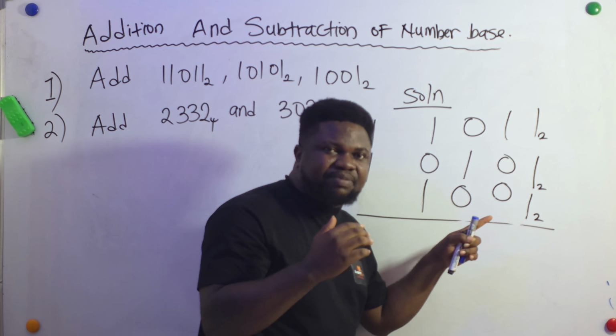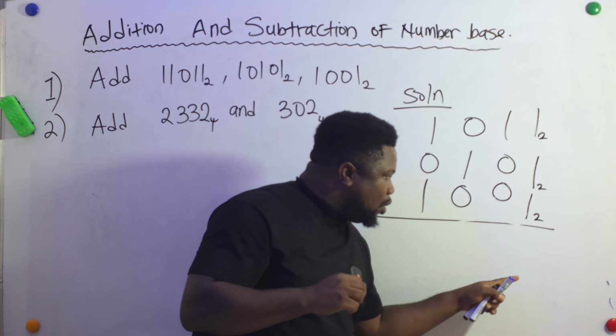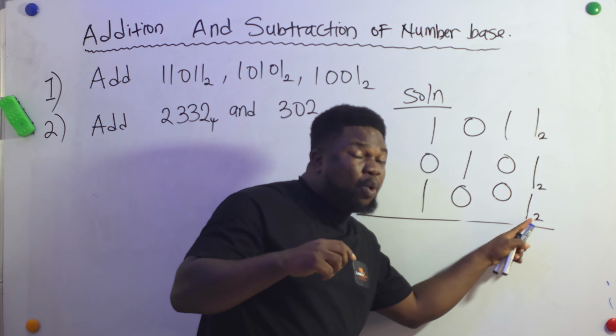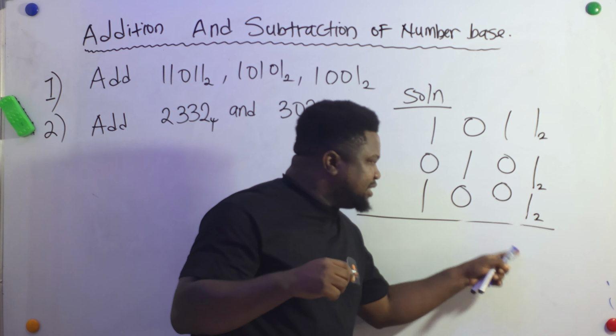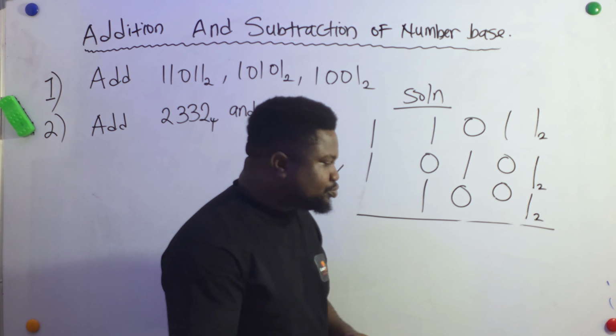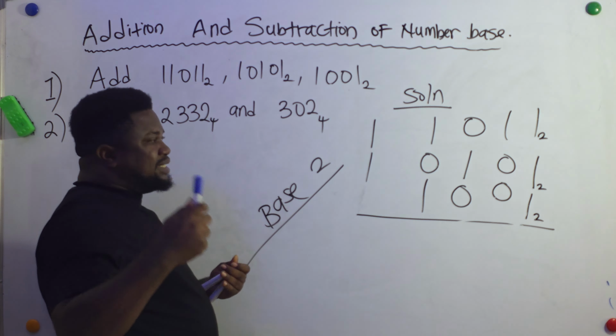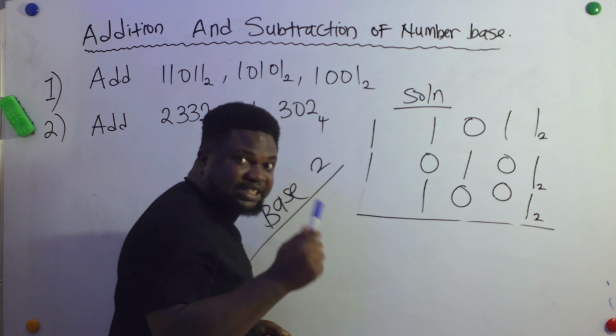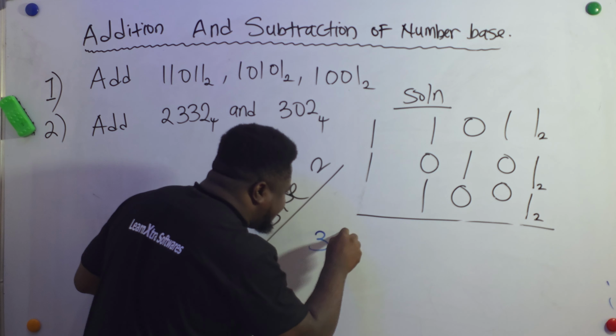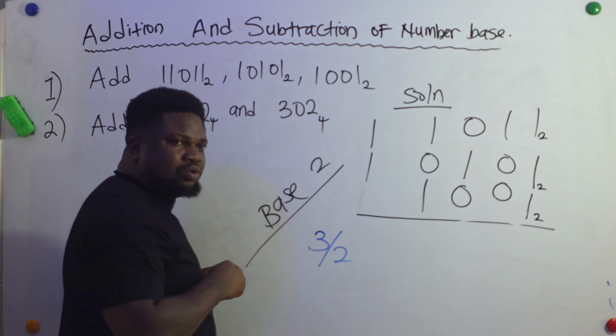Number base means that the numbers that are allowed are numbers below the base you're working with. So we can't place 3 here. So what do we do? Since our answer is 3, we shall divide this 3 by 2.